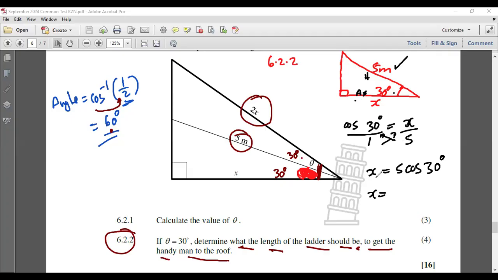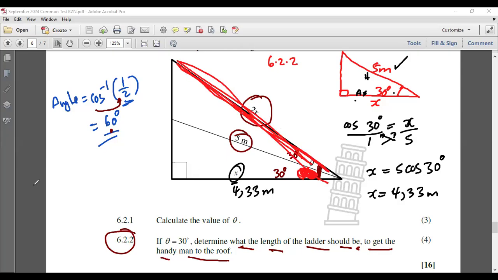Like I said, guys, I cannot use the calculator now because of this thing that just happened. So it was going to give us something like 4,33. This is x, the distance here in meters. If it is 4,33 meters, how is it going to help us find the length of the new ladder?